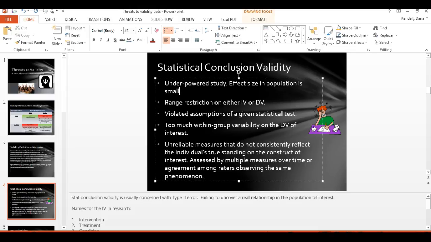Finally, unreliable measures that don't consistently reflect a person's true standing on the construct of interest. So imagine that you have raters who are rating target people's behaviors like participants. Maybe you have some raters judging a child's aggressiveness in the lab.